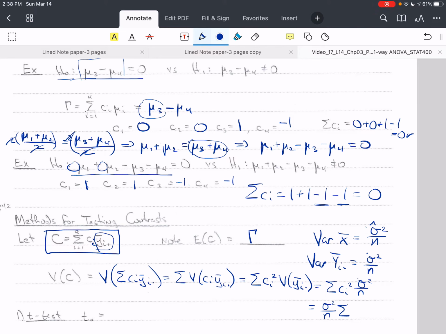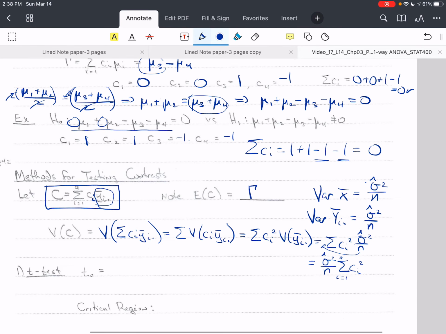These are hats over the sigma, because it's not mu I, it's yi dot bar. Sigma doesn't have any index, so I can bring it outside the summation, and I'm left with the sum of Ci squared, I equals 1 to A. And this is equal to the MSE. If you remember, sigma hat squared was MSE over n times the sum of Ci squared, I equals 1 to A. That is the variance of C.